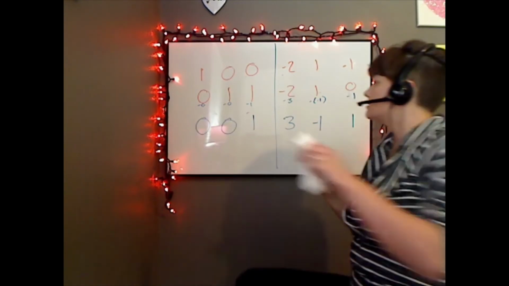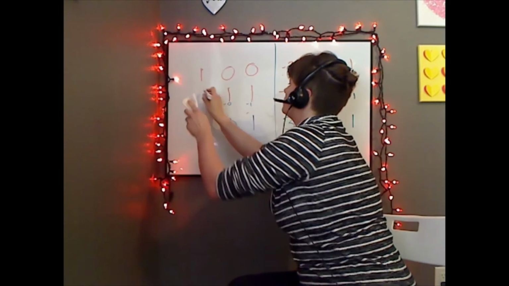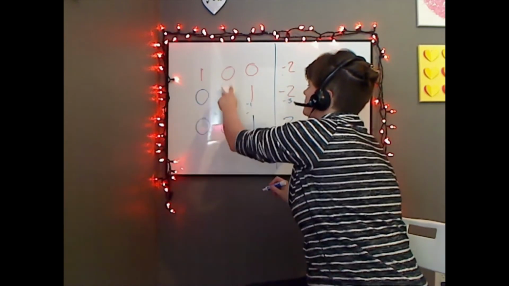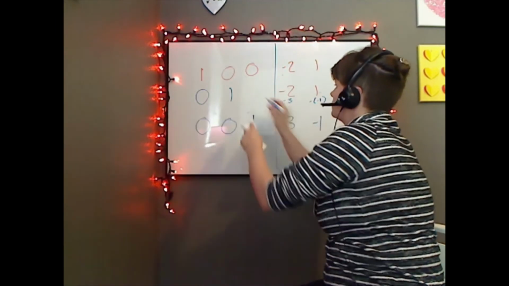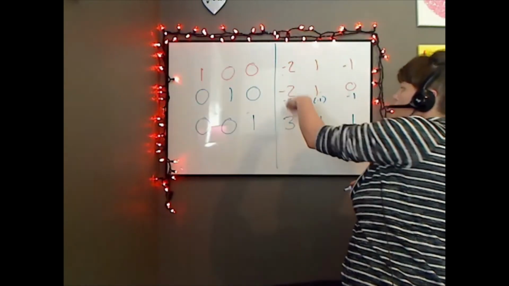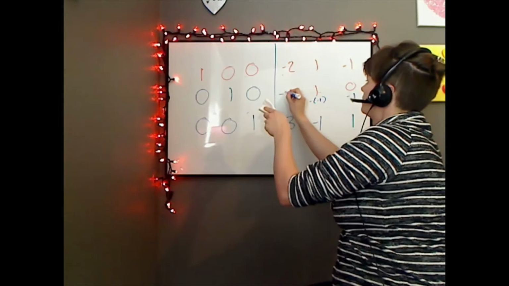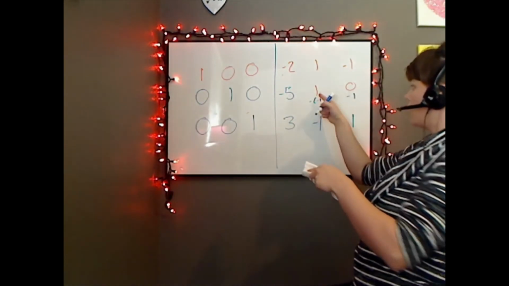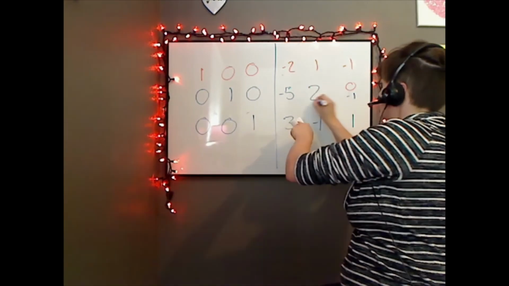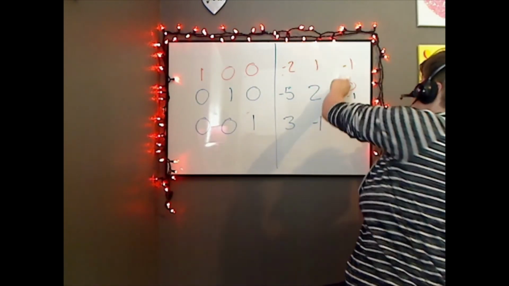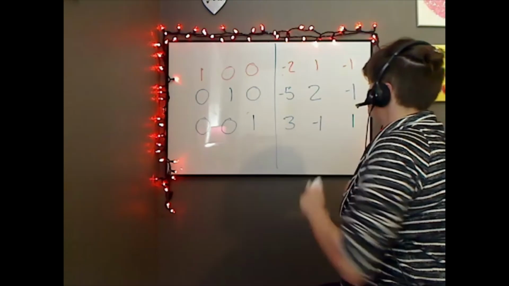Okay, 0 minus 0 is 0, 1 minus 0 is 1, 1 minus 1 is 0, negative 2 minus 3 is negative 5, 1 minus negative 1, that's like 1 plus 1, so that's 2, and 0 minus 1 is negative 1.